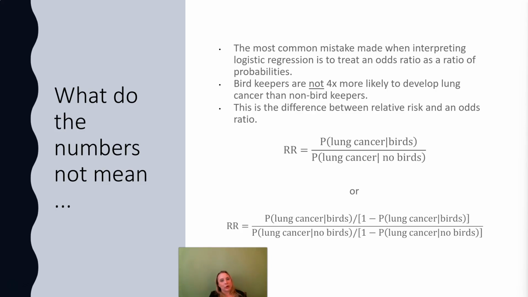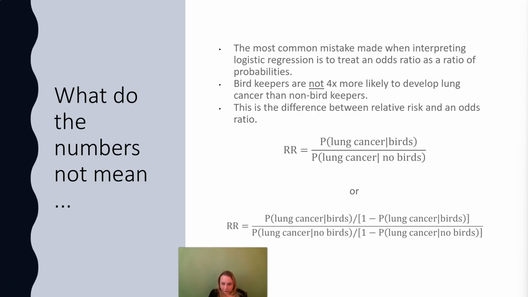That's the difference between relative risk and an odds ratio. When I'm asking for the risk of the model, you're looking at the probability that you have lung cancer given that you have birds, divided by the probability that you have lung cancer given that you didn't have birds.